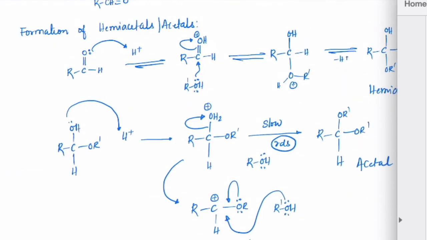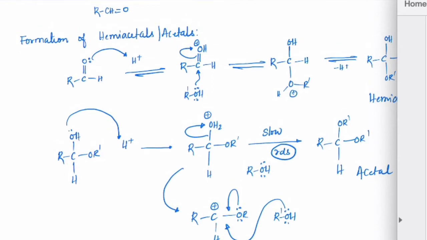One thing you can see, instead of this hydrogen, now we will have an R group, got it? So initially, once the hemiacetal is forming, this itself will be very difficult to form. Even after the formation of this, the reaction will become even slower because of the bulkiness here, because OH2 has to leave.